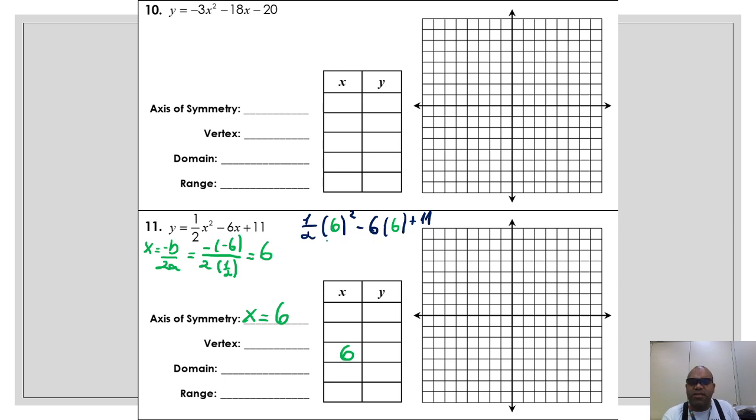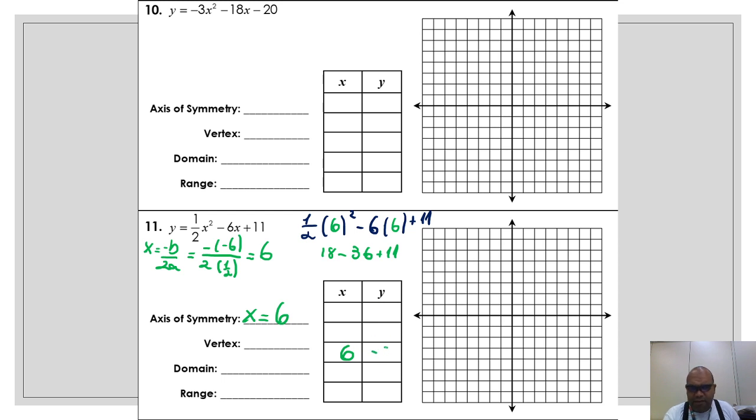A half of 36 is 18. Minus 6 times 6, 36, plus 11. 18 minus 36 is negative 18. Negative 18 plus 11. How far is it? 7.